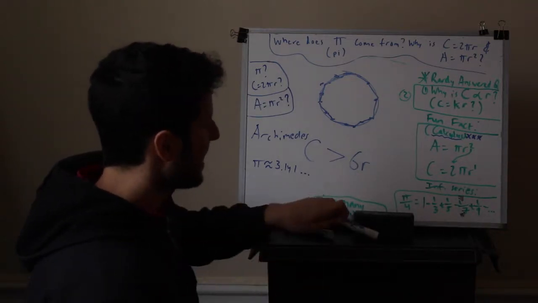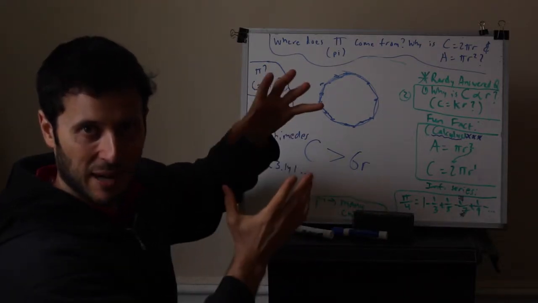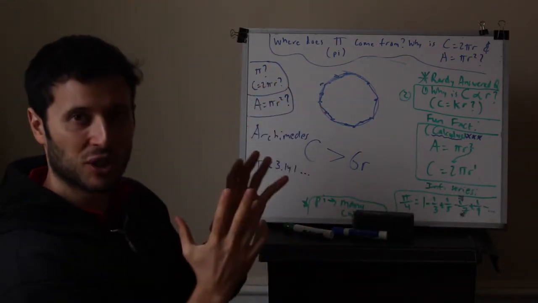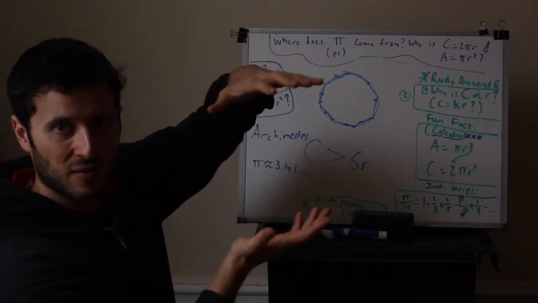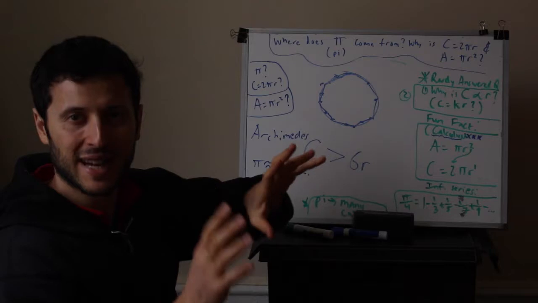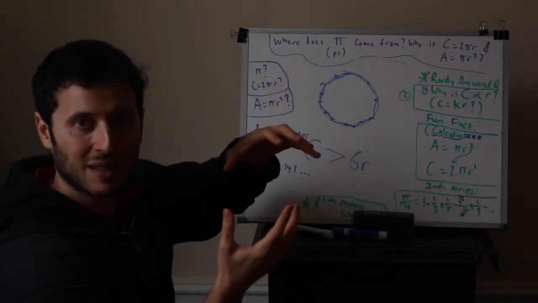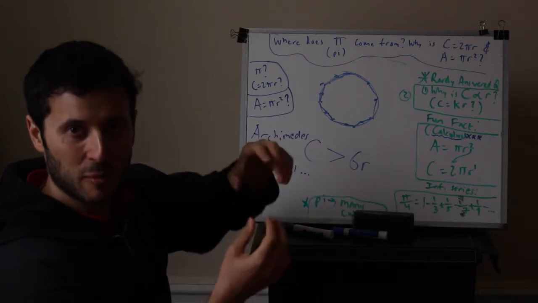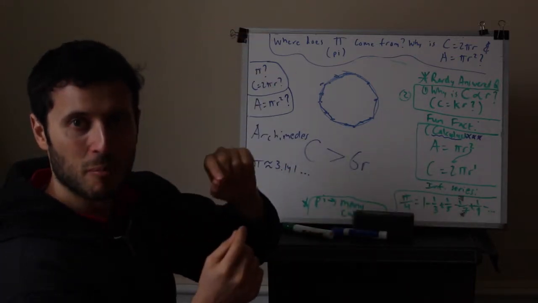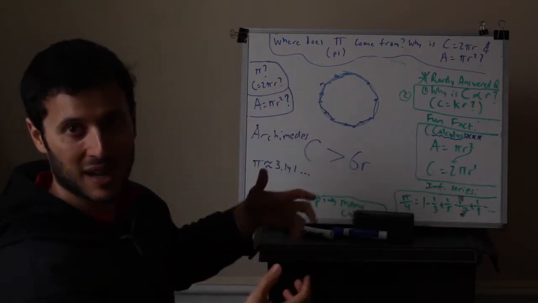So the key idea is, we started off with that hexagon on the inside and the outside. So we know that the true circumference is in between those values, and because those are nice polygons, we know how to calculate them. So we're going to make our polygons larger and larger. Now, I don't mean size-wise, larger, I mean many and many more sides. So we're going to keep doubling the number of sides.